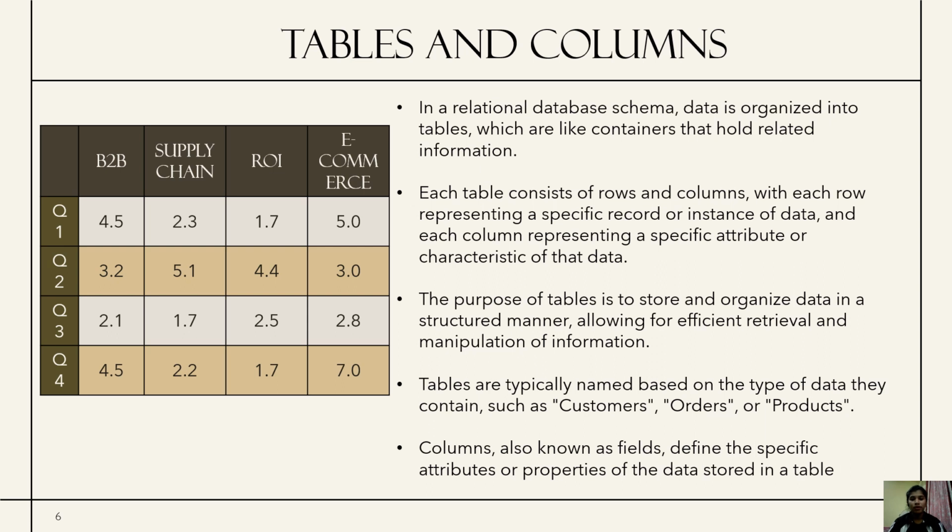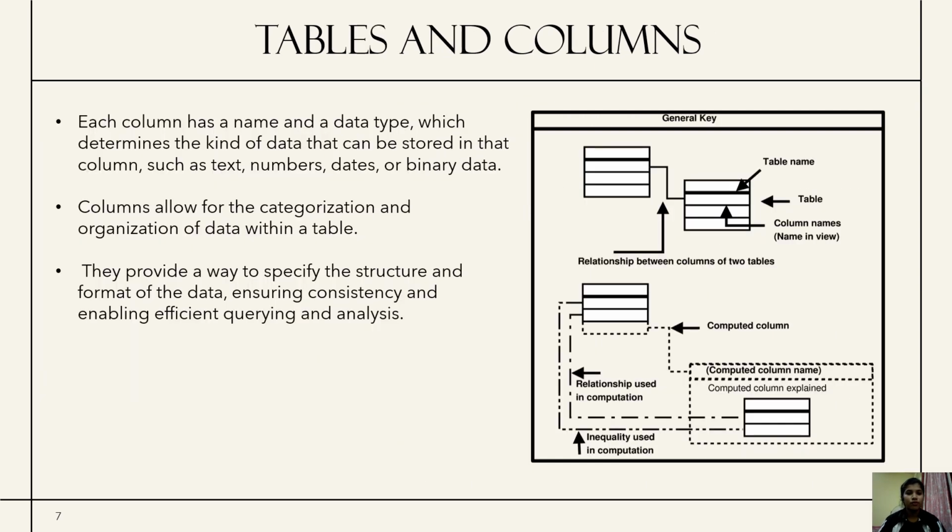Columns or fields are also defined as attributes or properties. You can see from the diagram the table, the table name, how the table is represented, the column names, and how a relationship is built between two tables.